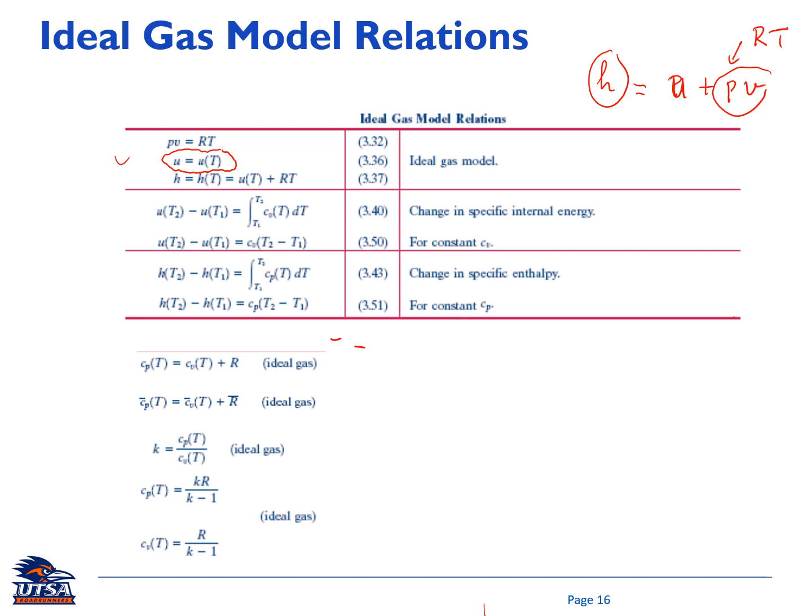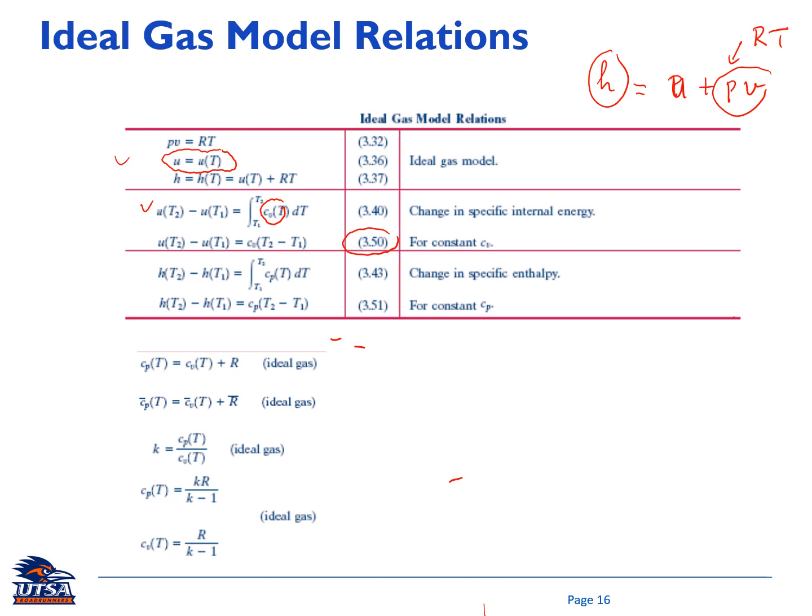And then on the second part here, it shows the formula for the change of the specific internal energy. If we have a constant Cv, then this Cv can be put outside of the integral so that you have equation 3.50: delta U equal to Cv times delta T. Okay, and then in the next part we have the formula for the change in specific enthalpy.